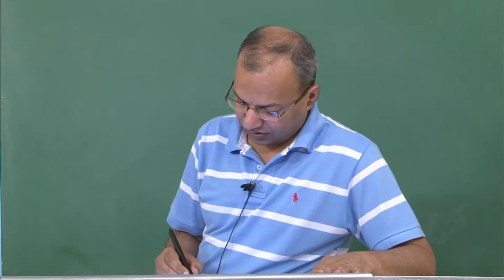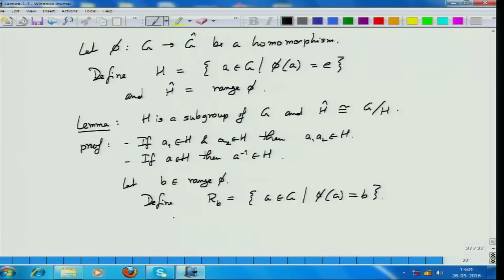And for that, I need to just show that if A1, A2 are in RB, then A1 A2 inverse is in H. You see this trivially? What is phi of A1 A2 inverse?